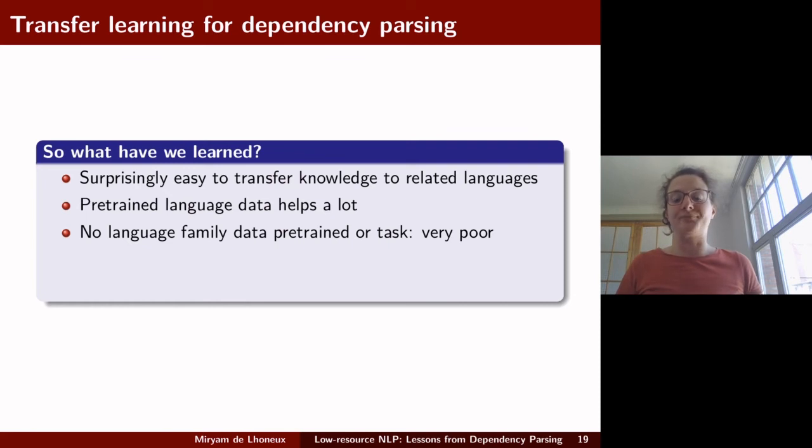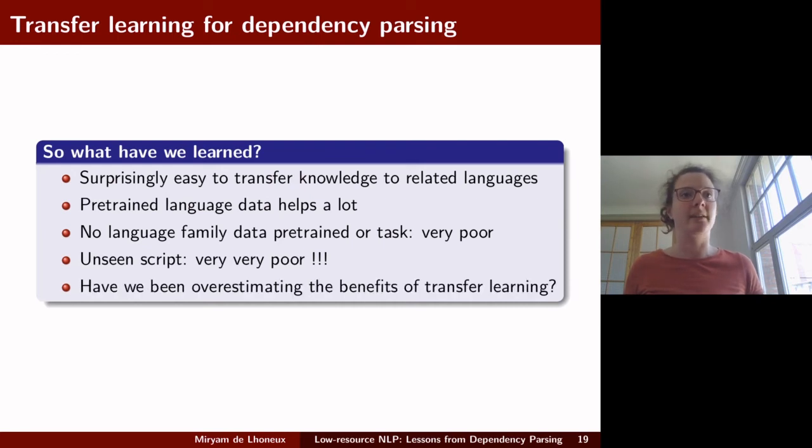And really, the majority of world languages don't have related languages that are high resource. So we're really not covering that many languages if we think of it this way. And also we've seen that if we haven't seen the script, then the performance is also really, really poor. So we definitely have to do something about that.